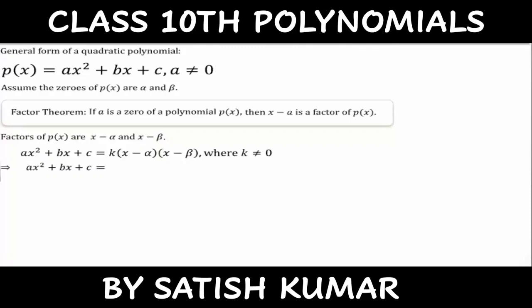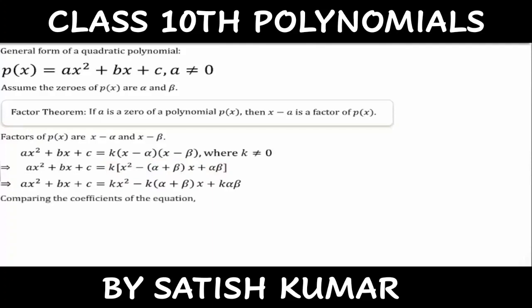Let's multiply the factors on the right-hand side of the equation. The equation obtained is as shown.